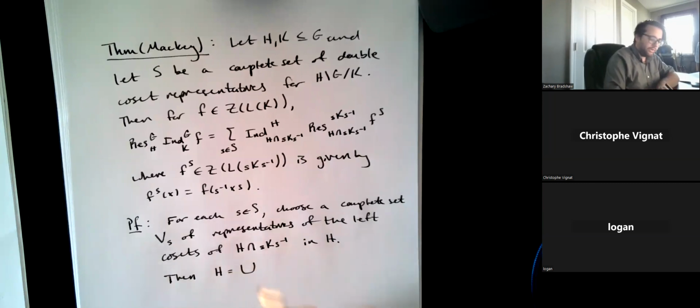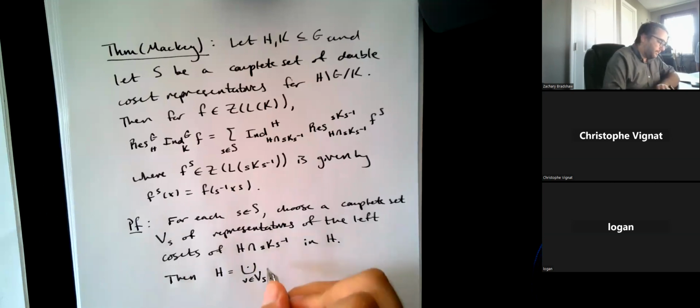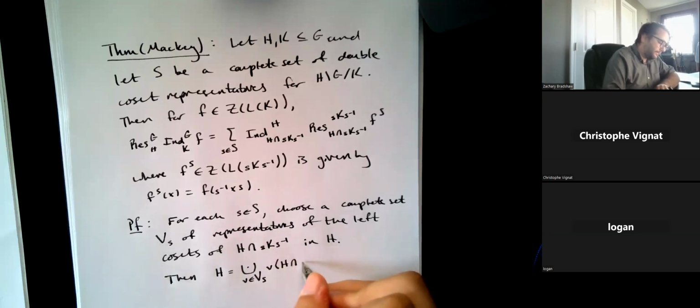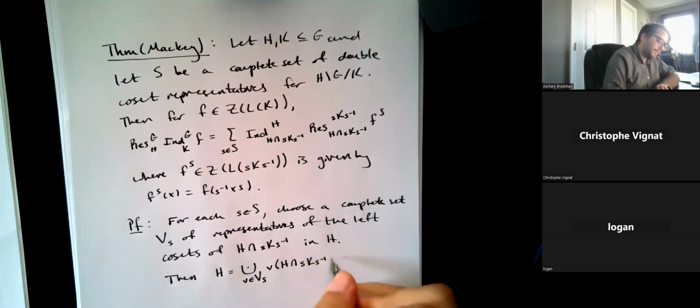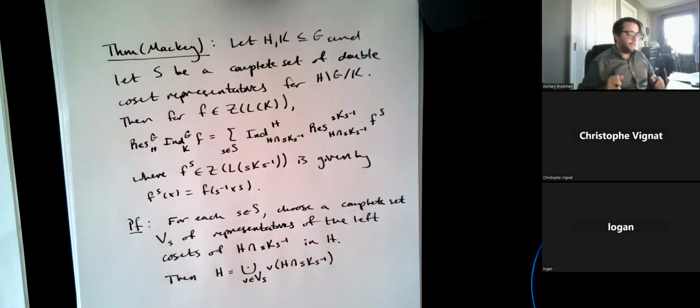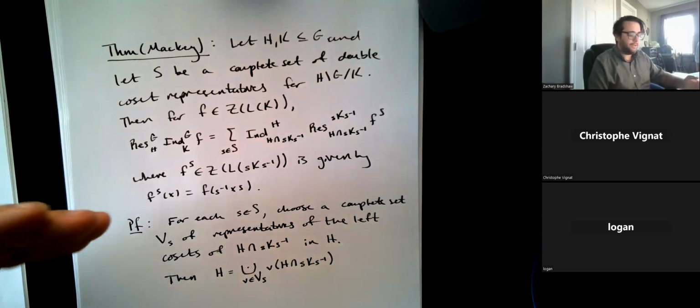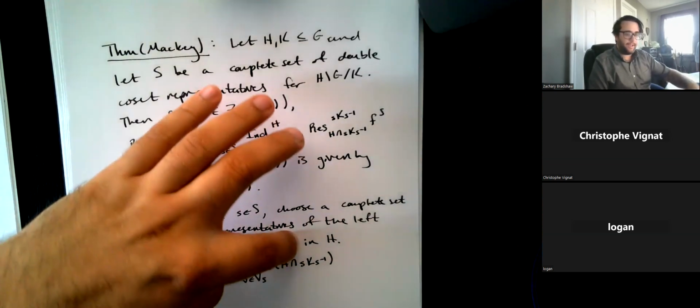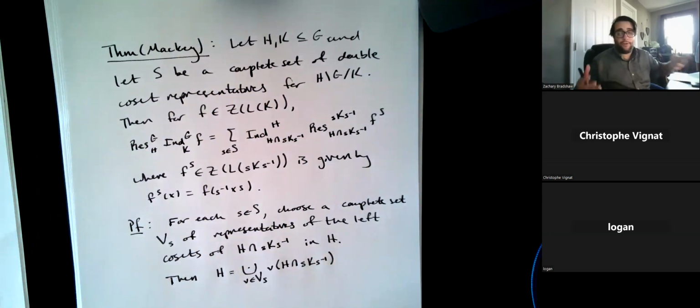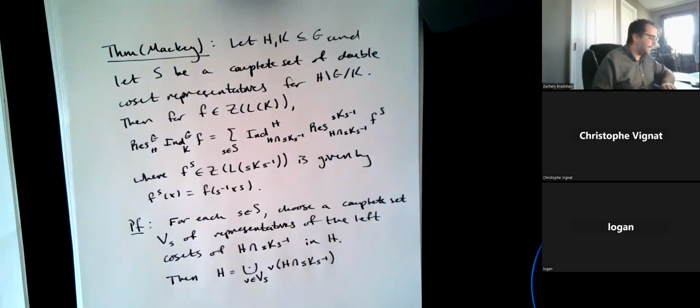I'll denote disjoint unions with a dot in the middle of the union, over v in V_s, of v times H intersect sKs inverse, where these are the representatives of the left cosets of this guy in H. This is just because the left cosets of this guy in H partition H. So nothing fancy going on here.